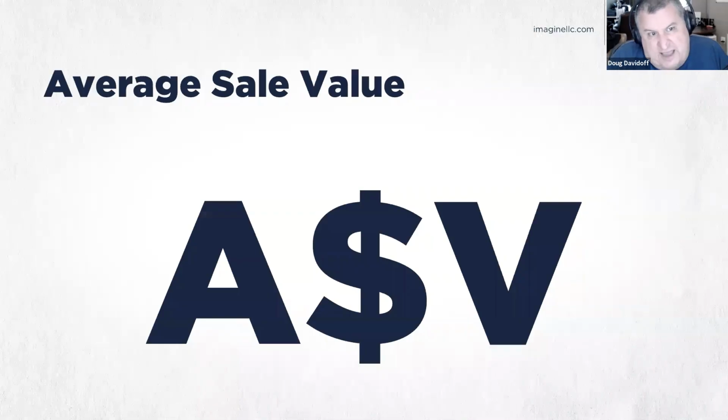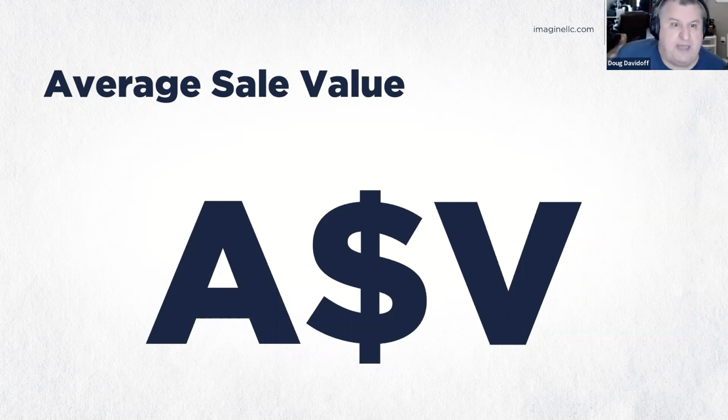Second, what's the average sale value? Now, this is where it can get kind of crazy, because I work with some companies that sell everything from $5,000 to $2 million. And the problem is they got one sales strategy, one approach for the whole thing. What we did there was we actually segmented their business, right? So they have a very, very high ASV, and in that case, they're moving to a full ABM approach.